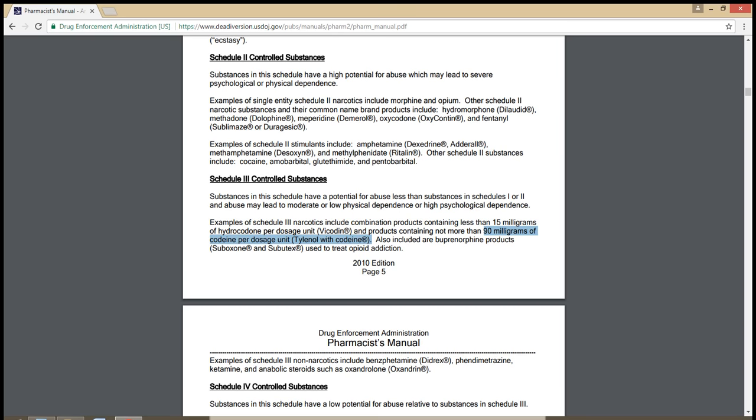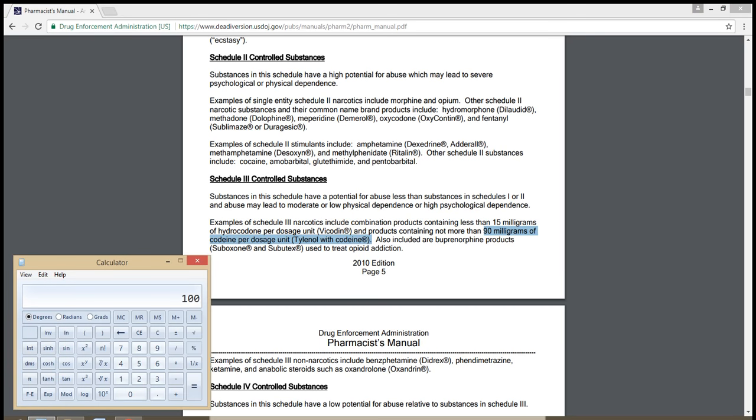So if it's 15 milligram per 5 ml, you need to see how much it's gonna be in 100. So 15 times 100 divided by 5 for the crisscross, and that would be 300 milligram per 100 milliliter. And then remember that you have to change that to grams. So basically that combination is 0.3 grams per 100 ml.